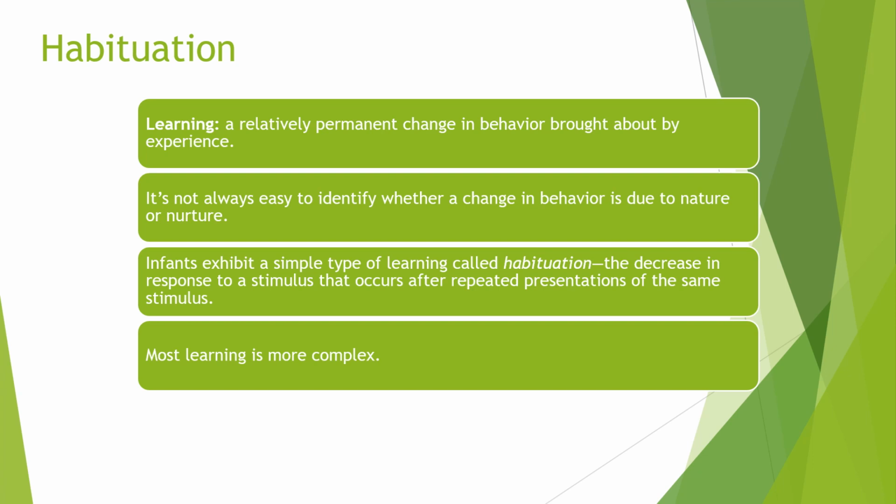And that is how infants learn. Not necessarily by me telling them something, but because they figure it out on their own. However, most learning is a lot more complex than that. The various types of learning that we're going to discuss in this first module with classical conditioning, you'll see that it's a lot more complex as far as what goes into it.